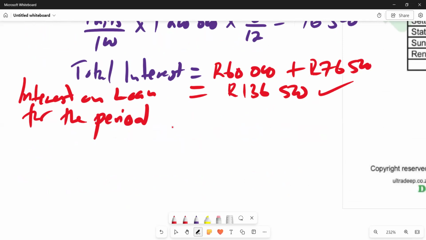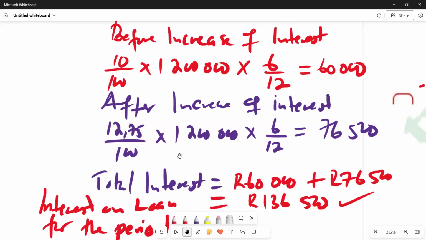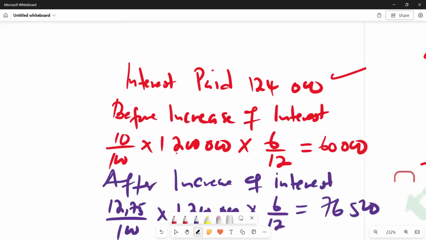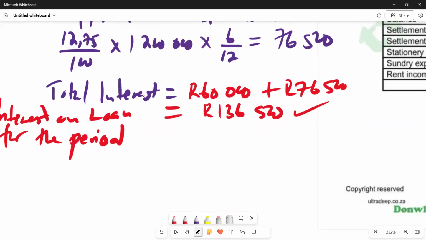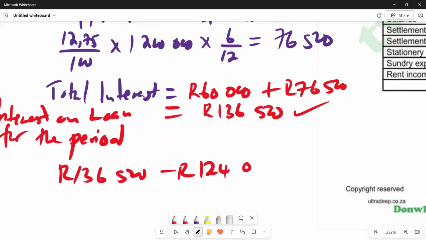But then we are told that the interest that was paid was 124,000. So it means what was paid is less than what was supposed to be paid. By how much now? We say 136,500 minus 124,000.